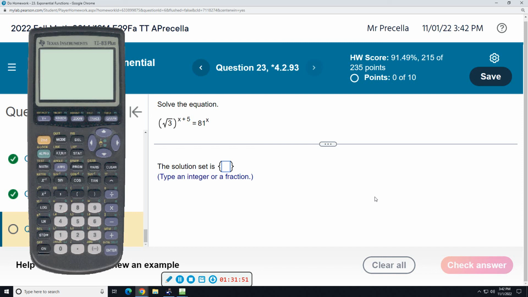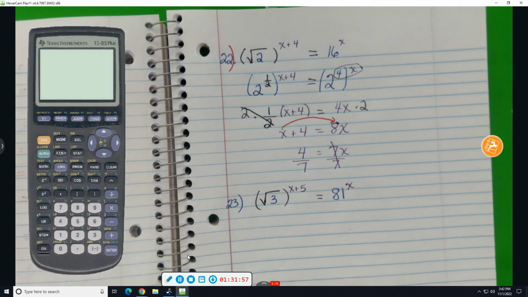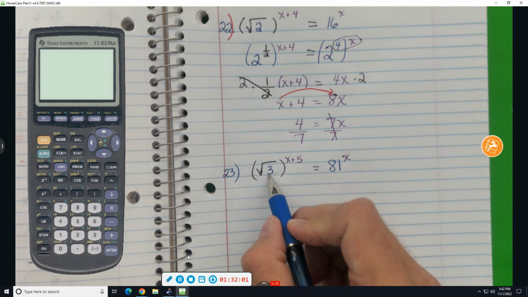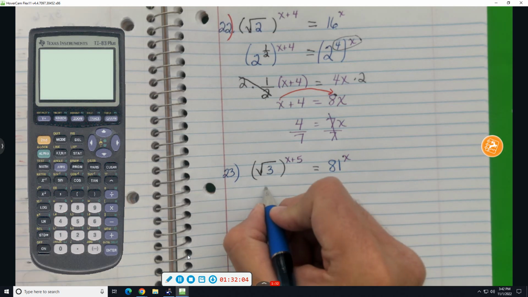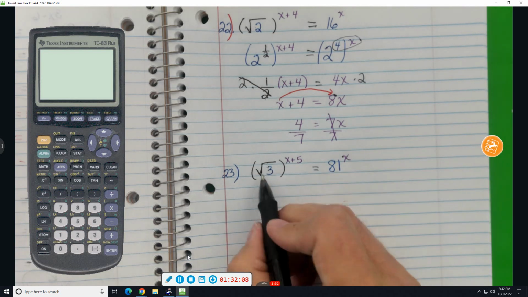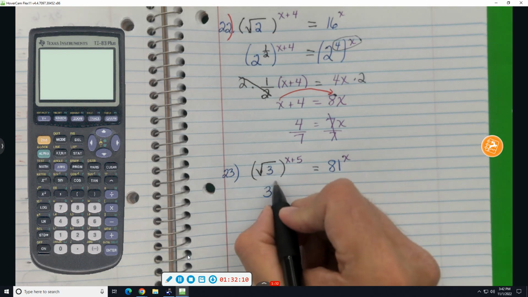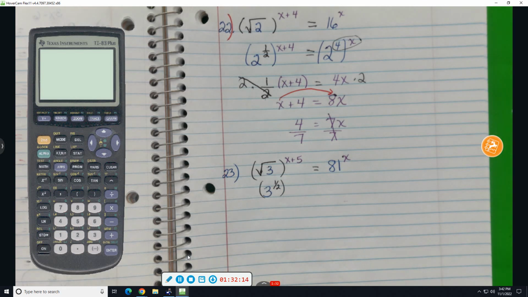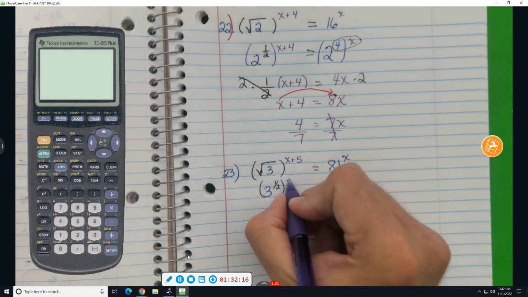Here, what's the common base going to be? 3? Let me move it up. So I'll start off rewriting the square root of 3 as 3 to the 1/2. And that's really the hardest part of the problem.